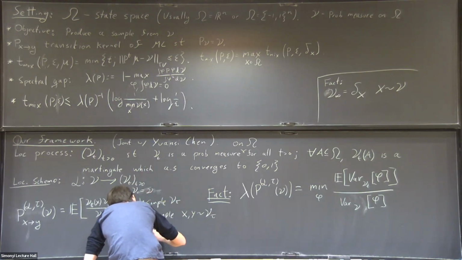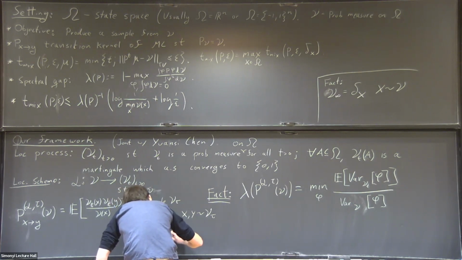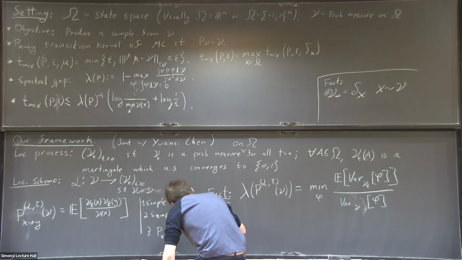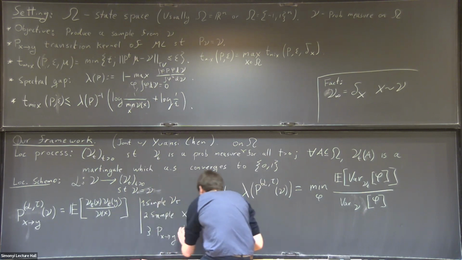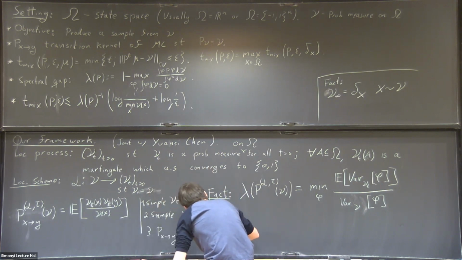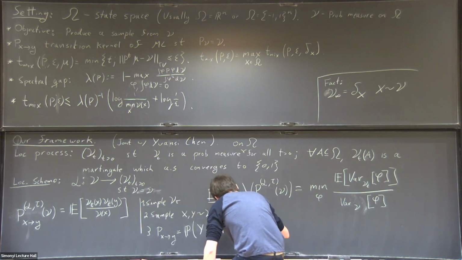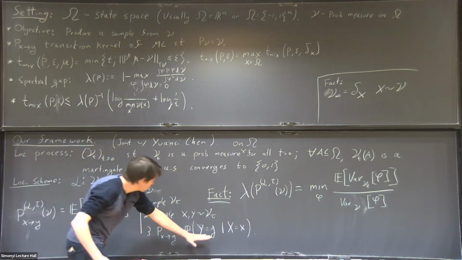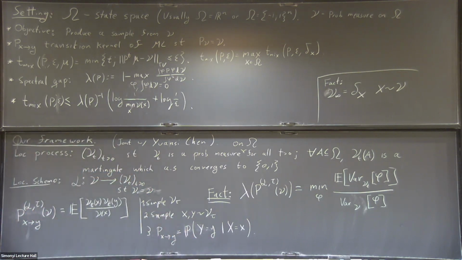Then P from little x to little y is the law of, it's just the probability that big Y is little y given that big X is little x. So I sample 2 points. They have some joint distribution, which tells me the law to jump between points. It's not hard to see that this is equivalent to this.